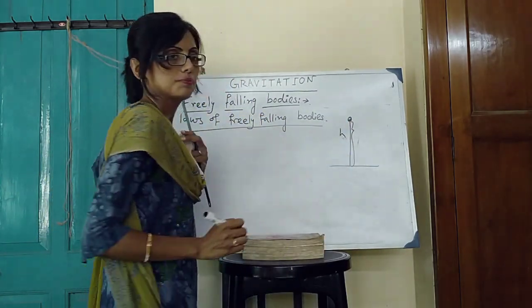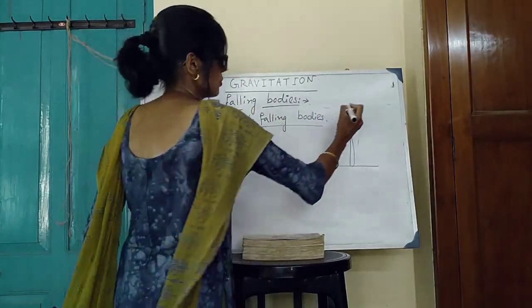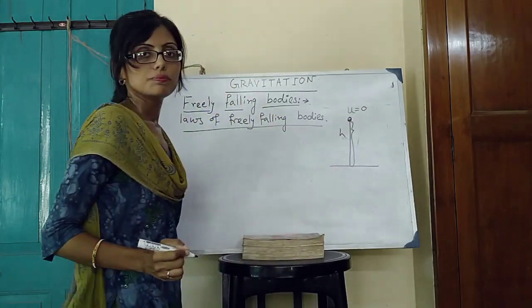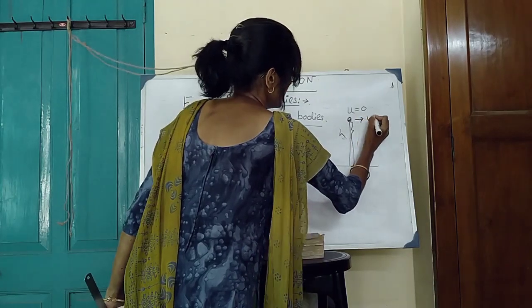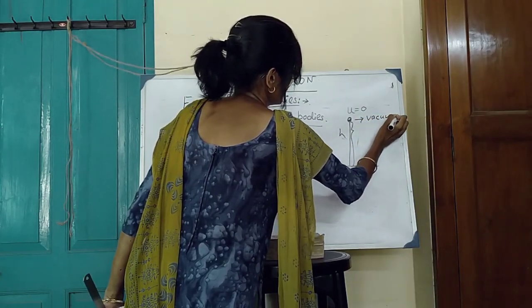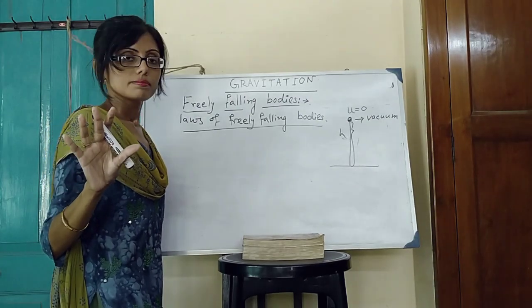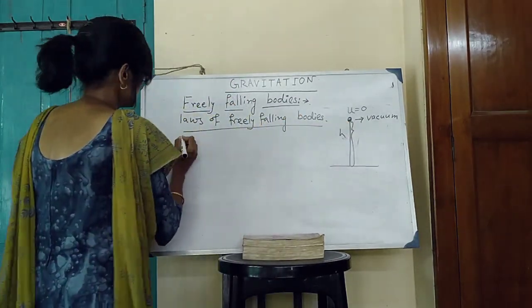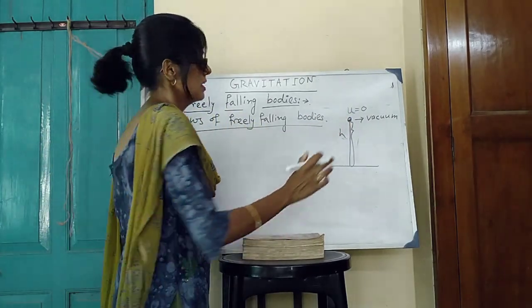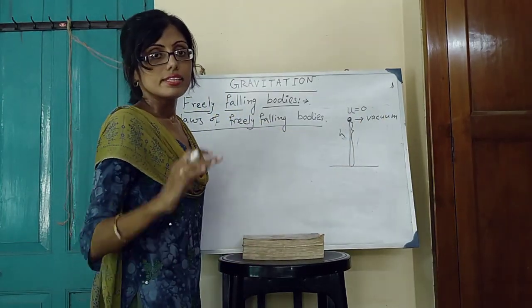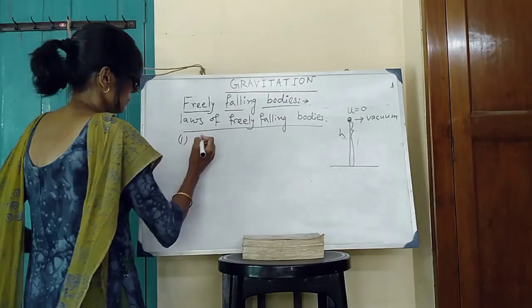Initially the body is at rest, so initial velocity of the body is 0. Air resistance is absent, means the body is kept in vacuum. There is no surrounding medium present. Here, first law: if the initial velocity of the body is 0 and the body is kept in vacuum, then all the bodies fall with equal rapidity.